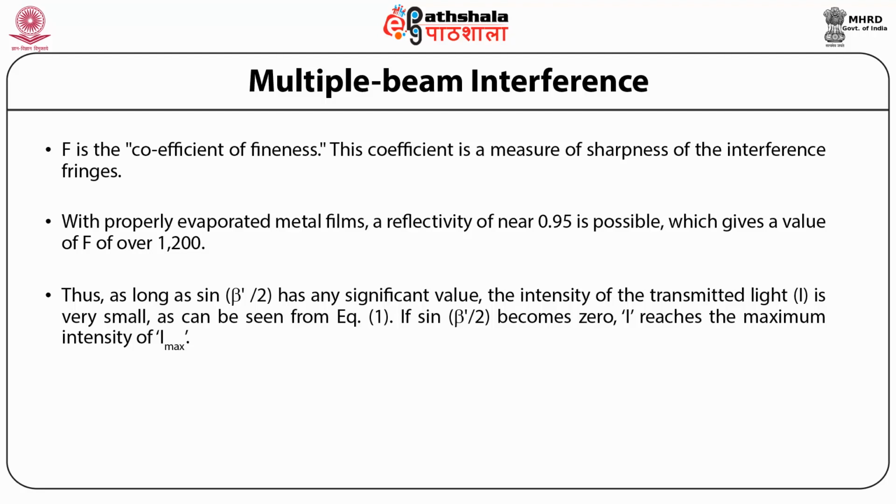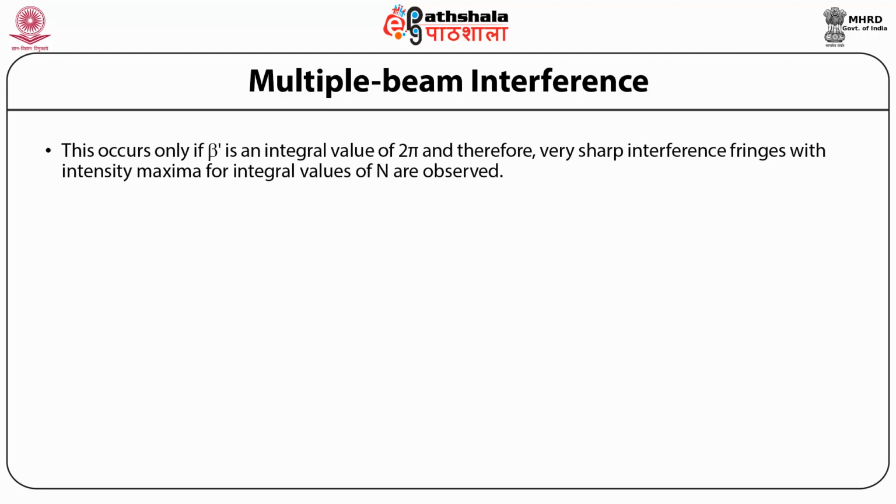That can be seen from equation number 1. If sine beta prime by 2 becomes 0, I reaches the maximum intensity of I max. This occurs only if beta prime is an integral value of 2 pi, and therefore very sharp interference fringes with intensity maxima for integral values of n are observed.